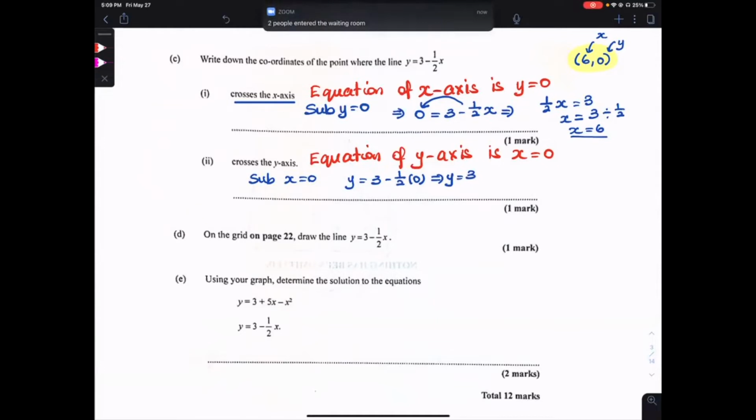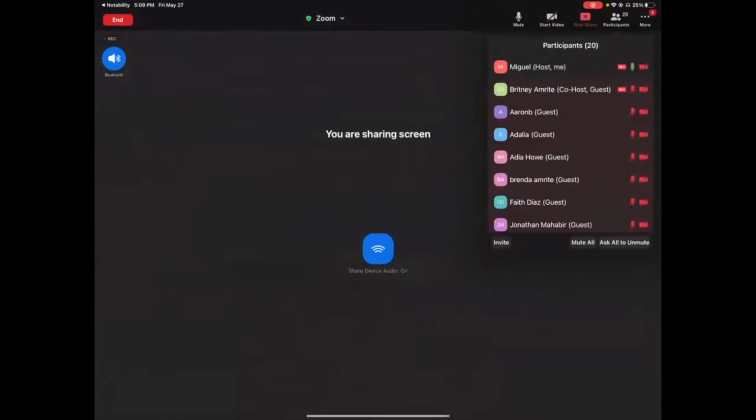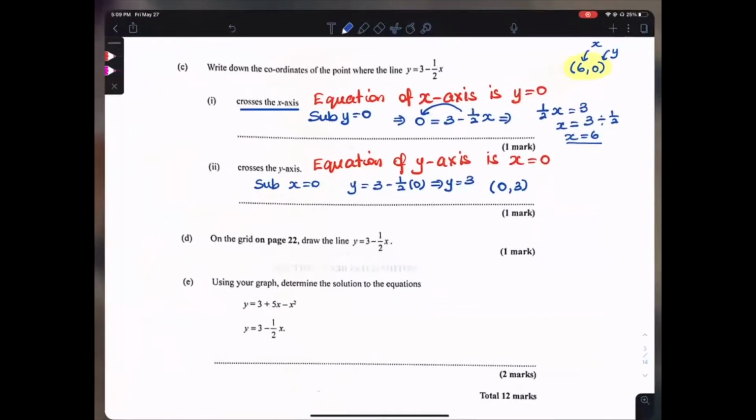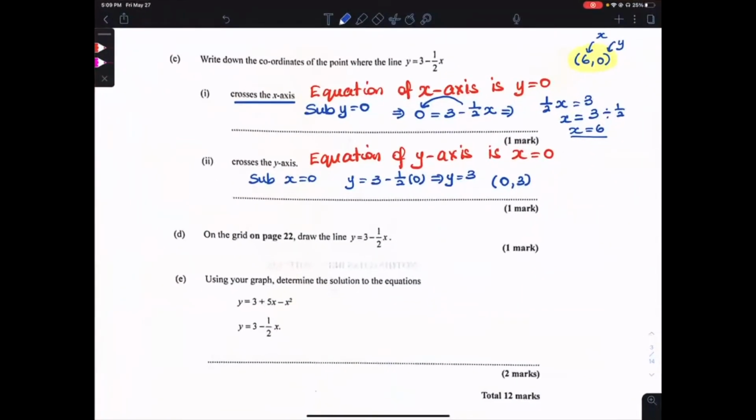So therefore x is 0, y is 3. So here we have 0, 3. On this side, x is 0, we have a y value because it crosses the y-axis. So if it crosses the y-axis, we have a y value. X is 0. All right?